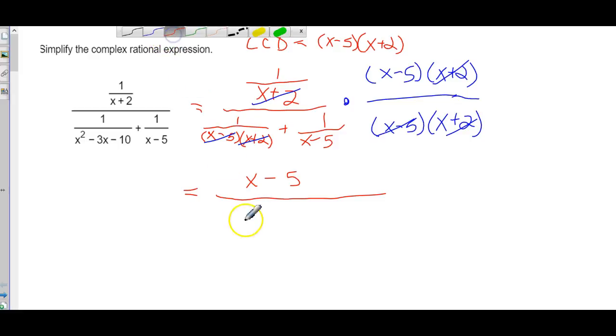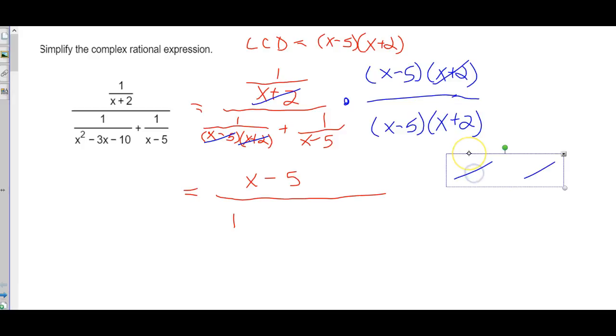Alright, so the 1 from the numerator will actually be down in this denominator. So this term right here is just left with a 1. Okay, but the x minus 5, x plus 2 from that piece is gone.